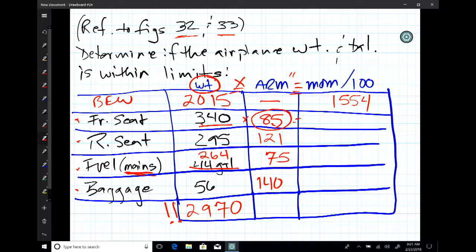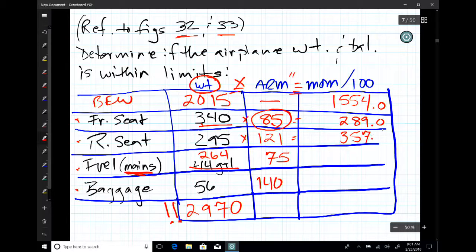340 times 85 divided by 100 equals 289.0. Now let's go to the next one. 295 times 121 divided by 100 equals 357.0. Let's look at the next one.